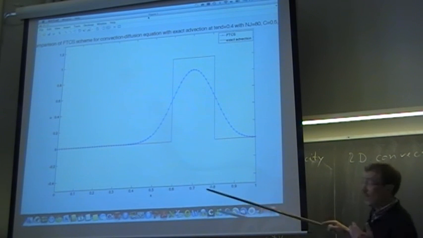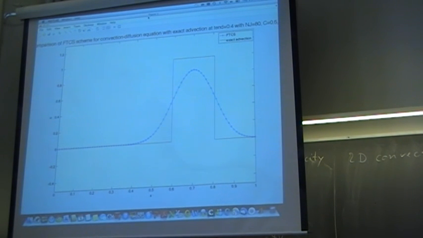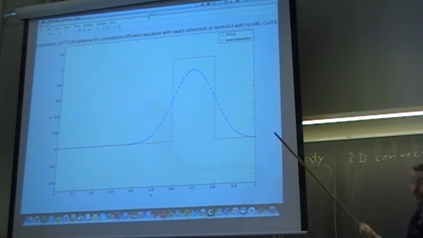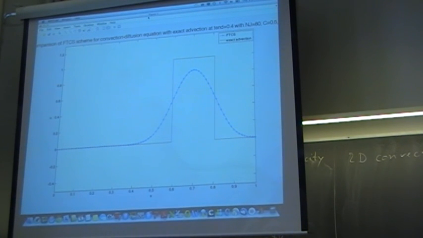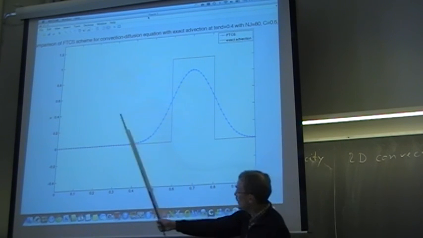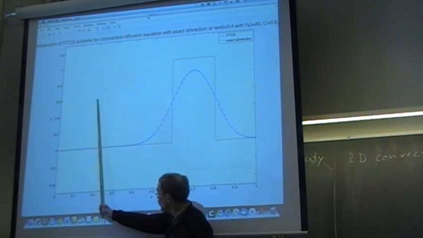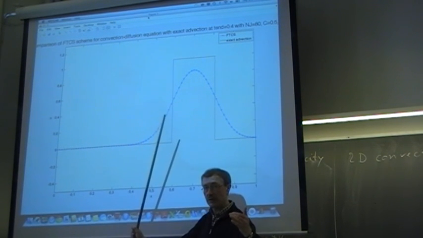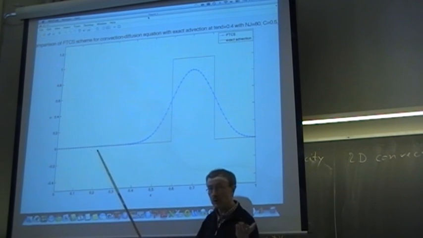So if alpha would be 0, then we should get the exact solution for the linear advection equation. If we had just the diffusion equation, then we would have no movement, but we would stay in this region, 0.2 and 0.4, and we would have a diffusion of this discontinuity over time. And in the end, it would go to 0.